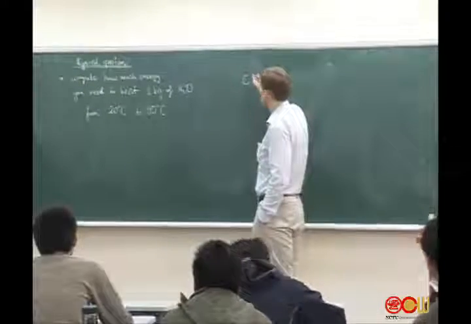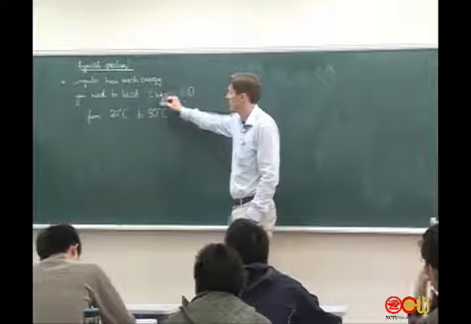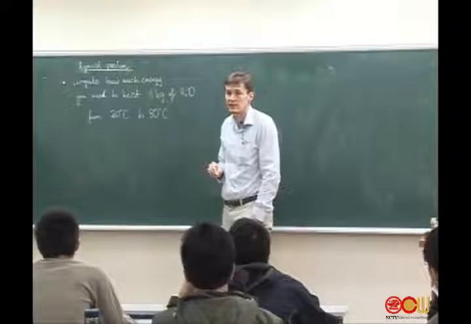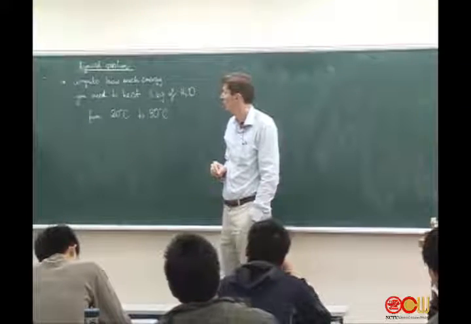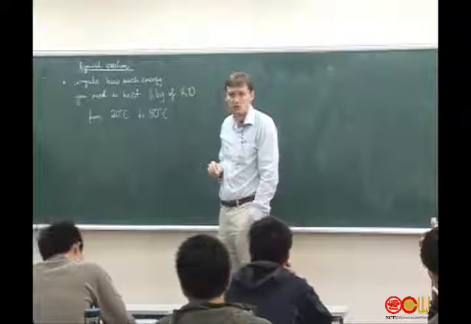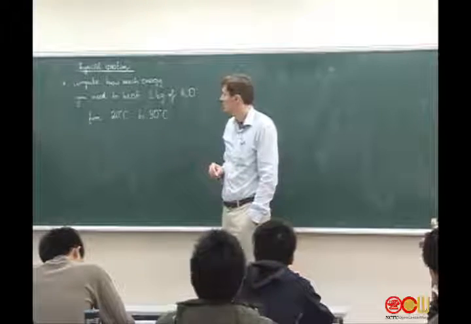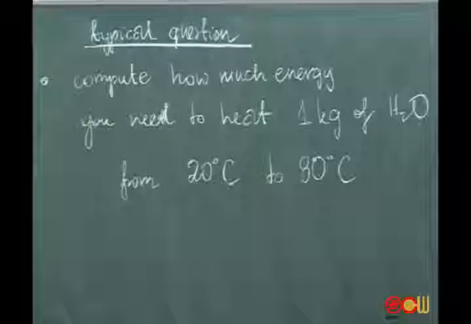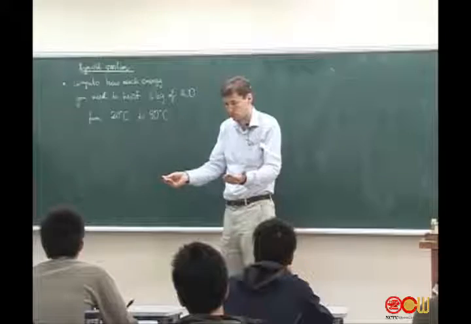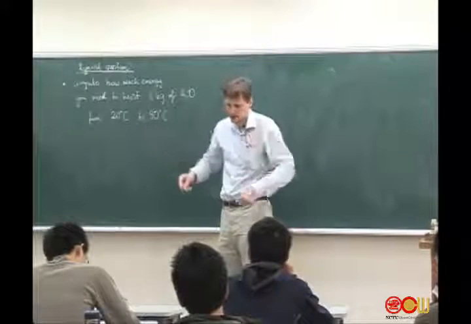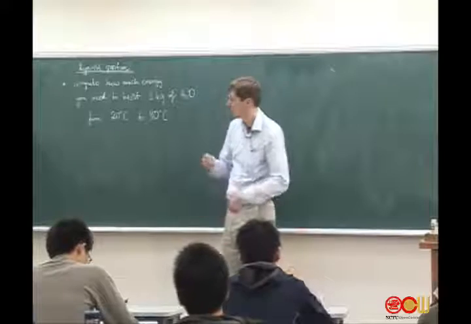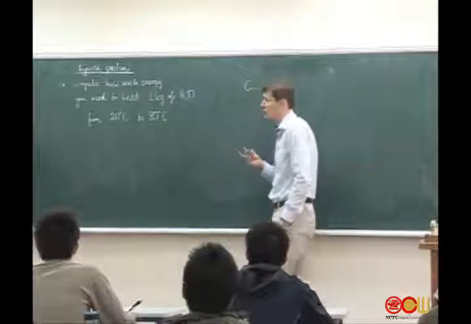You start with the definition. This one doesn't tell you how you are heating. You are heating at the constant volume or you are heating at the constant pressure. So you have to guess. The most natural process would be you have a pot open, you put the heater down and you heat. So it's a constant pressure.